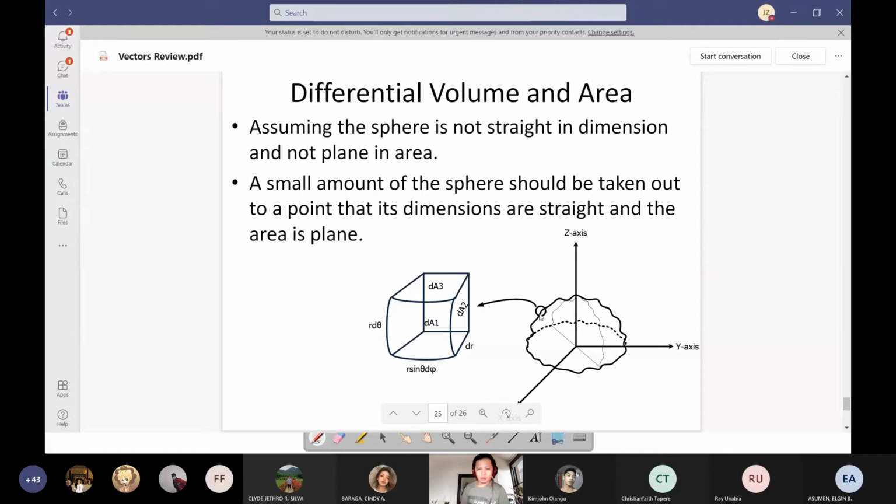So, same again, we get a very small piece of our sphere. Because of its smallness, supposedly, the rough edges and surfaces will become straight lines. I still placed the curves there for representation only. Basically, this is a part of the sphere.